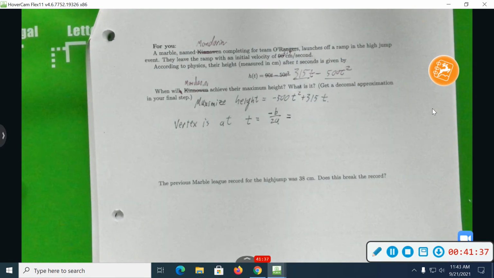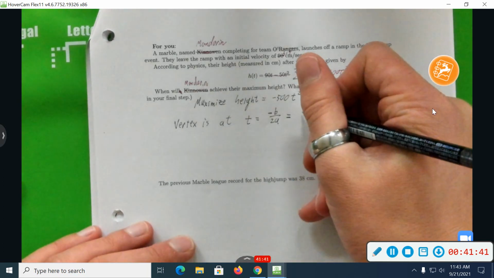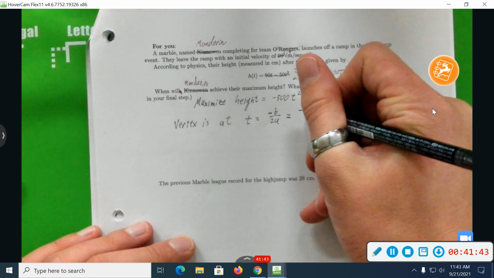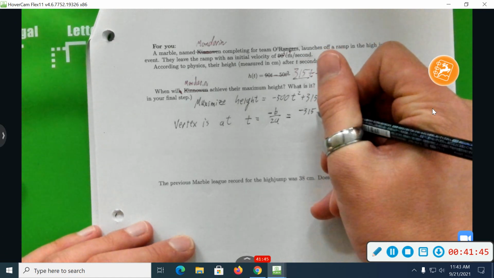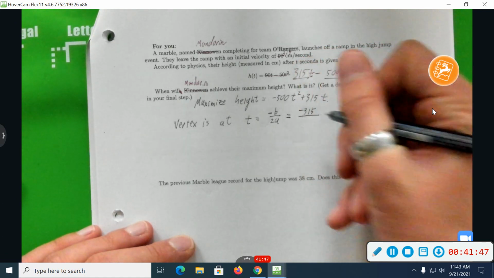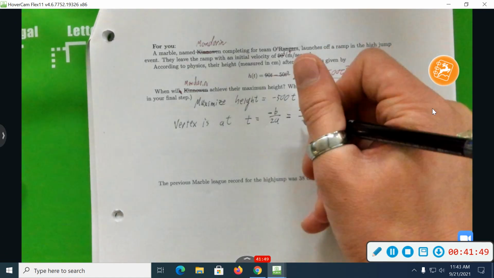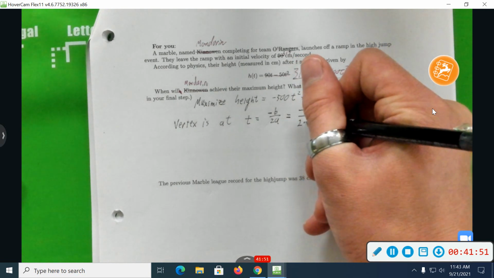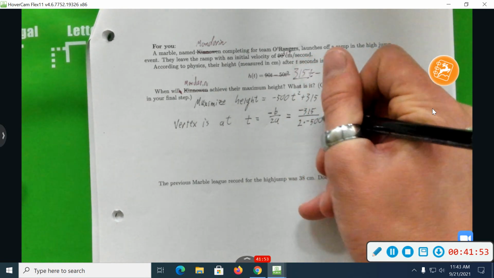What is b in this context? 315. So negative 315 divided by a. So 2 times negative 500.